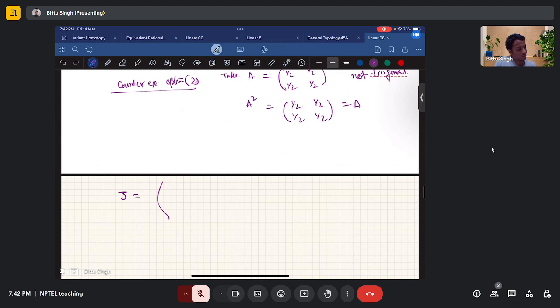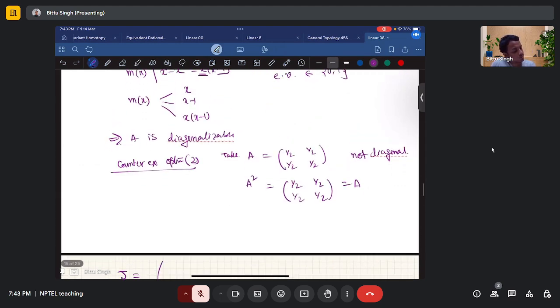For those three possibilities, there can be different Jordan canonical forms. For example, here the Jordan canonical form will be the identity, right? Because those are actually diagonalizable.